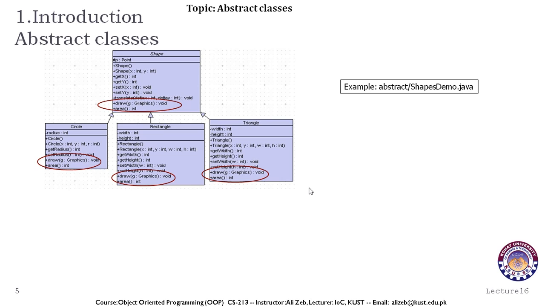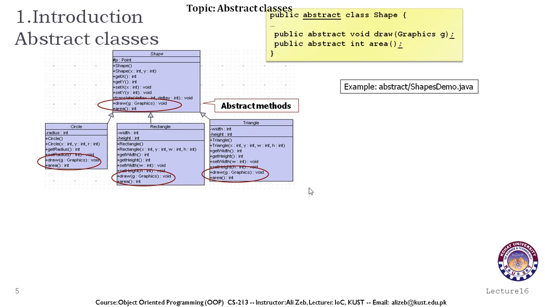But we need to implement these methods in all of the subclasses. So what we can do is include these methods as abstract methods in the superclass. What should happen now is that the superclass should also become an abstract class.